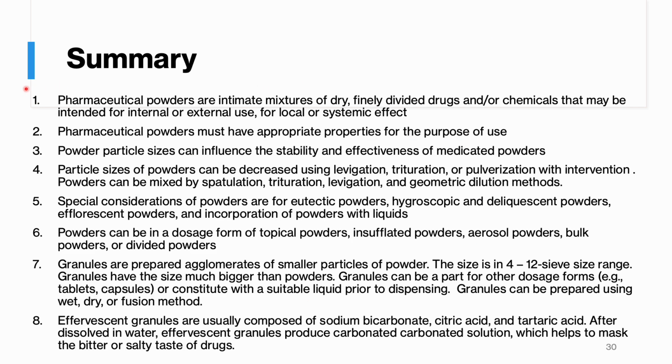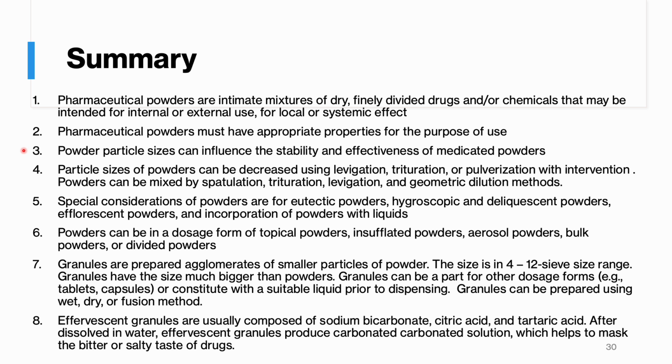So we just finished the lecture. This is the summary for the lecture. First, pharmaceutical powders are intimate mixtures of dry, finely divided drugs and/or chemicals that may be intended for internal or external use for local or systemic effect. Pharmaceutical powders must have appropriate properties for the purpose of use.